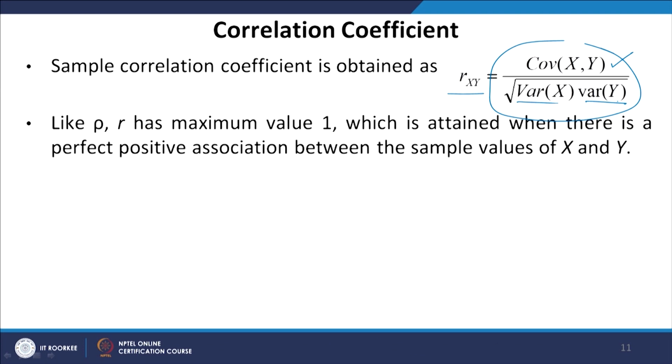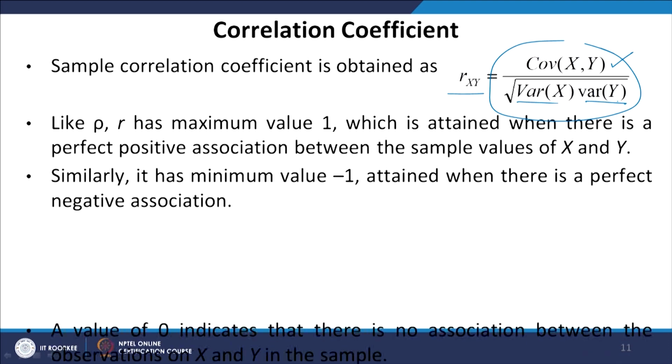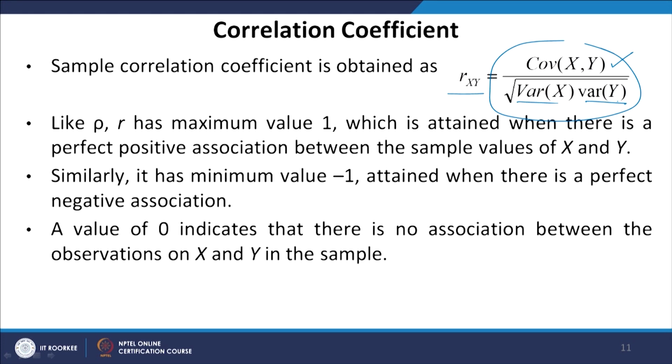Like rho, R has a maximum value of 1, which is attained when there is a perfect positive association between the sample values of x and y. Similarly, it has a minimum value of -1, attained when there is a perfect negative association between x and y. A value of 0 indicates that there is no association between the observations on x and y in the sample.